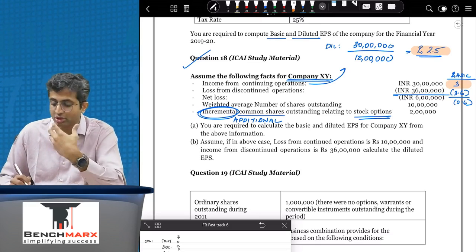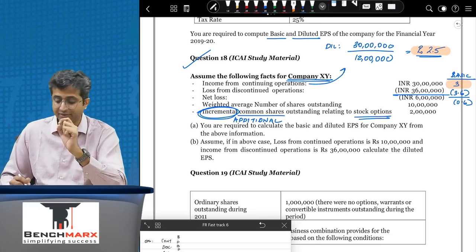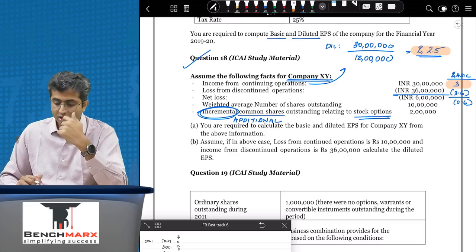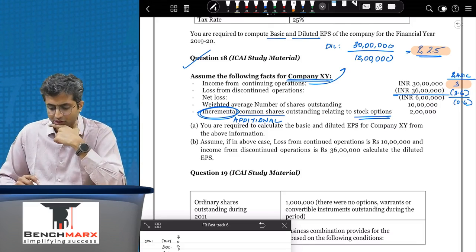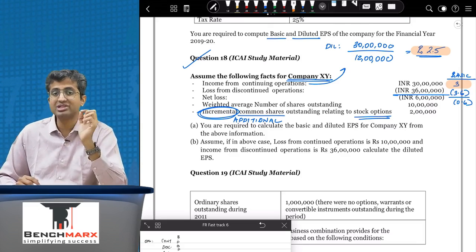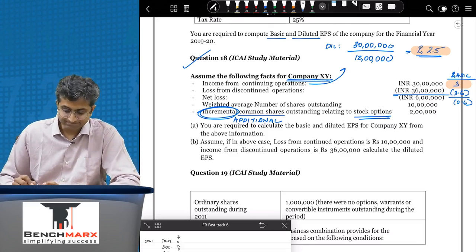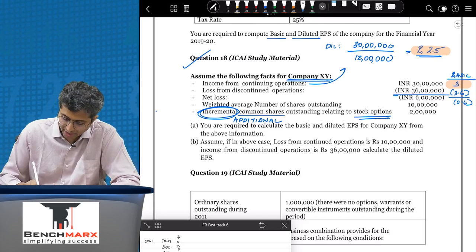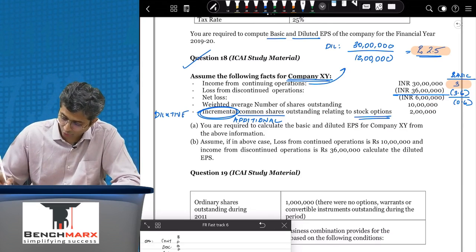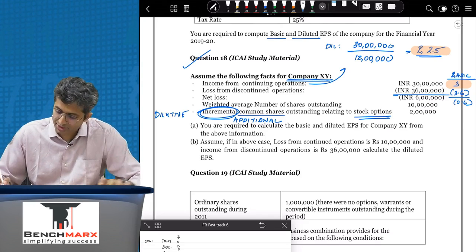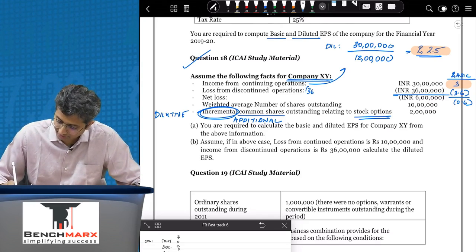And if I include the 2 lakh shares, it becomes 2.5, and hence the inclusion of this 2 lakh shares reduces or dilutes my EPS, and hence these 2 lakhs are dilutive. And if they are dilutive, they have to be included for all. So even if I look at EPS from discontinued operations, this is 36 lakhs negative divided by 12, and hence this is a negative 3.